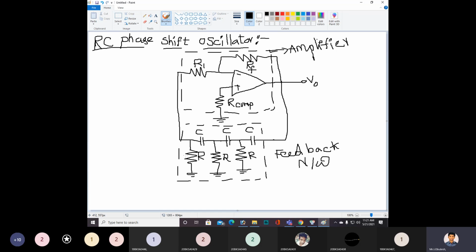At a particular frequency, when the phase shift of the cascaded RC network, here we have 3 stages, is exactly 180 degrees, and the gain of the amplifier is sufficiently large, the circuit will oscillate at that frequency.